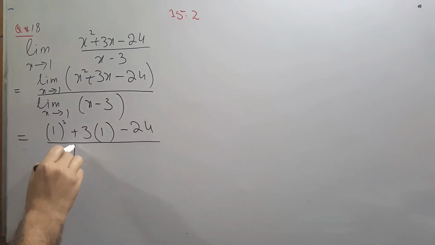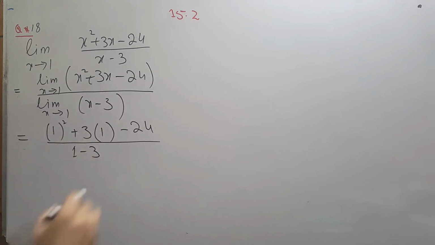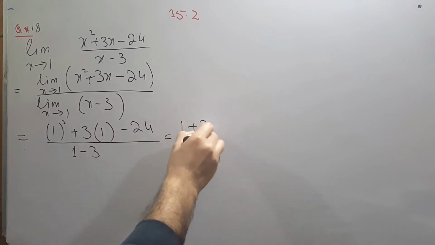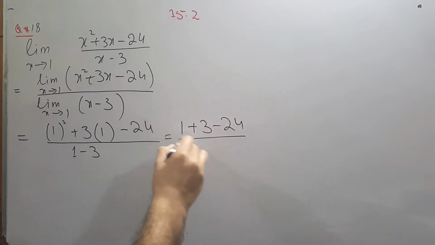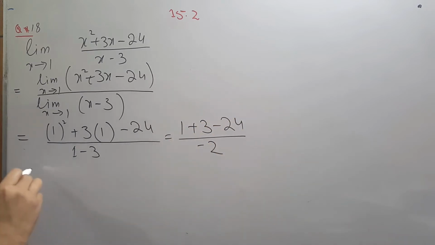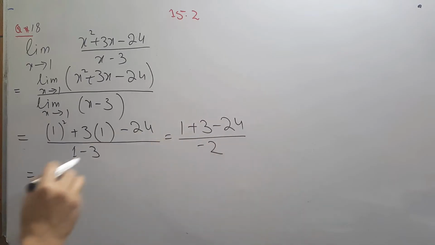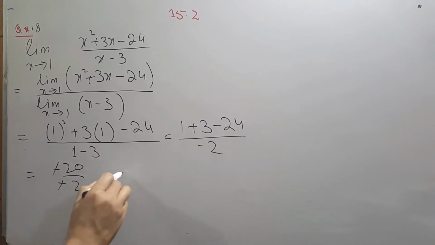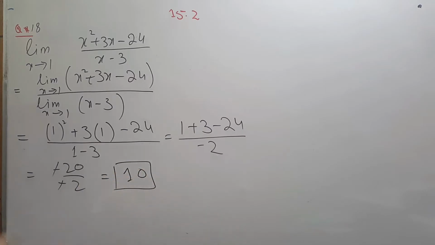For x we will write down 1 and minus 3 as it is. So that gives us 1 plus 3 minus 24 divided by minus 2. So 4 minus 24 gives you minus 20 divided by minus 2, minus minus cancel. That gives us value of 10.